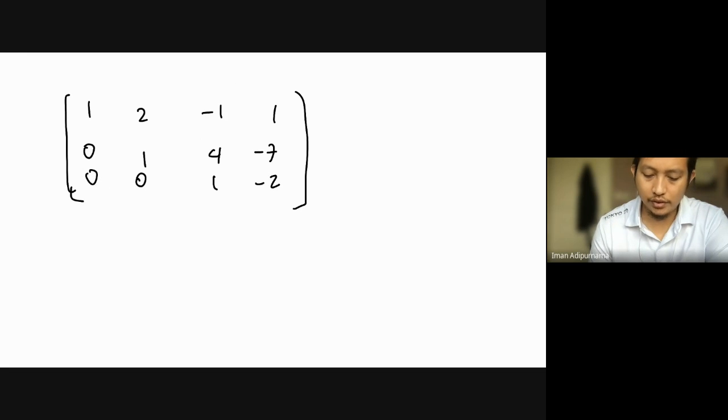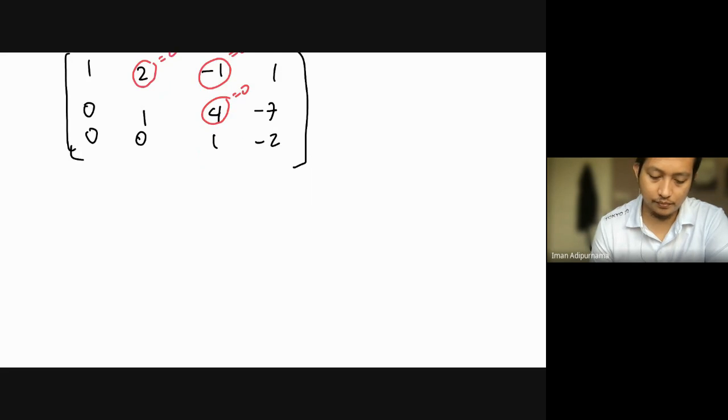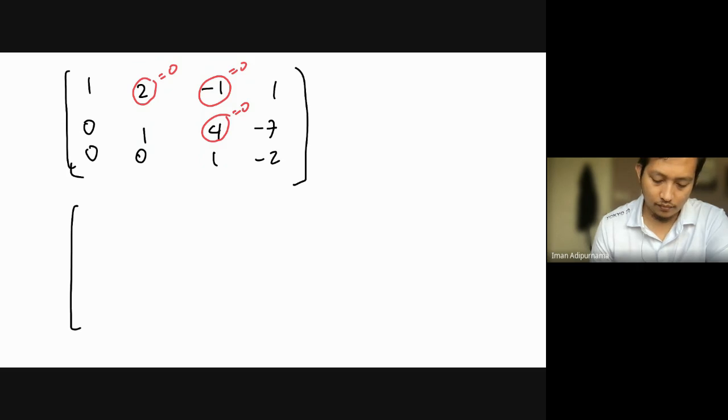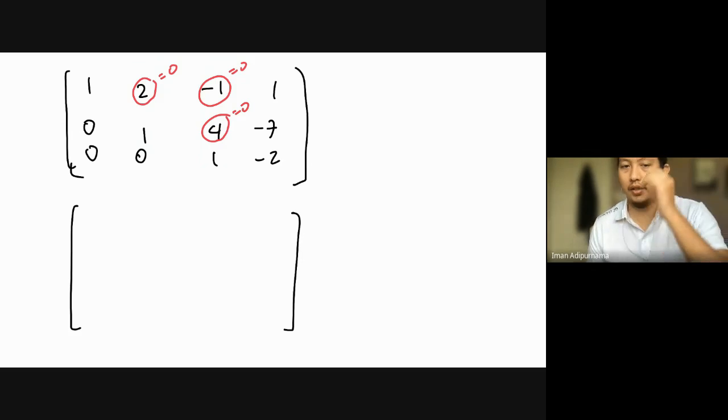Now the reduced row echelon form is making this, and this is 0. Okay. Let's try doing that. So let's see from row 1.